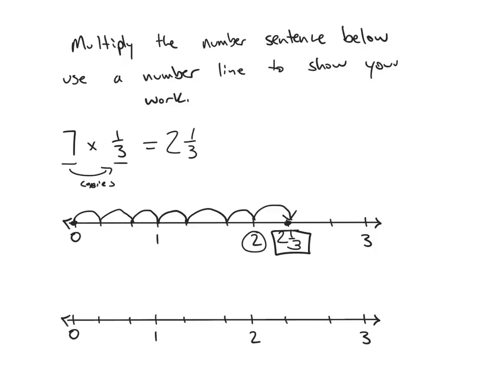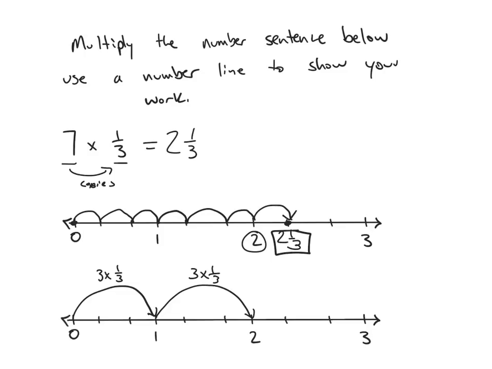Another way is we can use the learning that we just did in the previous 2 problems, and we can group the copies of 1/3 together to equal wholes. So I can say, hey, if I jump from 0 to 1, I know that's 3 copies of 1/3. And if I jump from 1 to 2, I know that's 3 more copies of 1/3. So in my head, I'm keeping track. I'm like 3 copies and 3 copies.